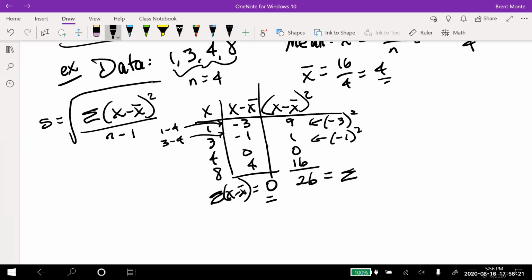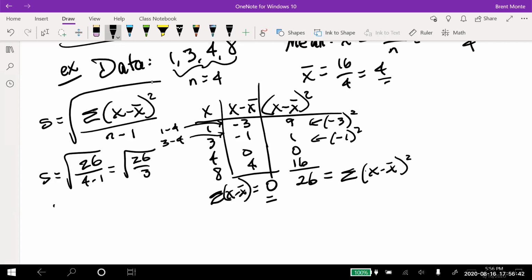That's my sum of X minus X bar squared. So now I can just plug that in. My numerator is 26. Denominator, remember N was 4, so it's 4 minus 1, and it's the square root. So it's the square root of 26 over 3, and then I can calculate that.